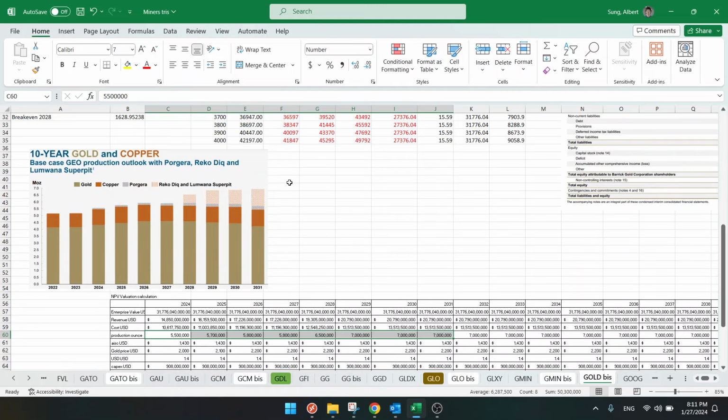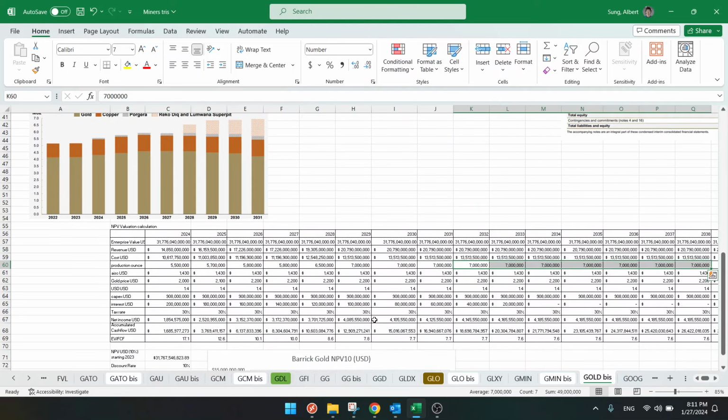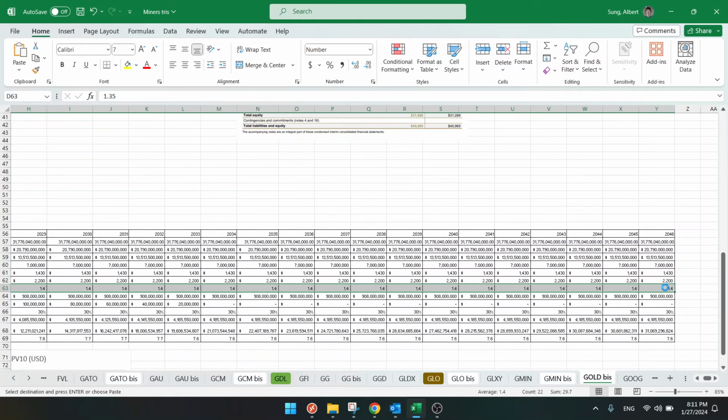As you can see, I don't know what will happen here, so probably constant, not going to rise that much. So I took 7 million ounces. Costs, I just take the same costs. Gold a bit up. This is not correct. This should be 1, US dollars to US dollars.